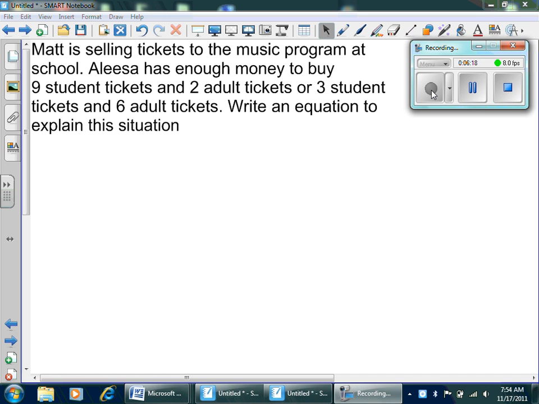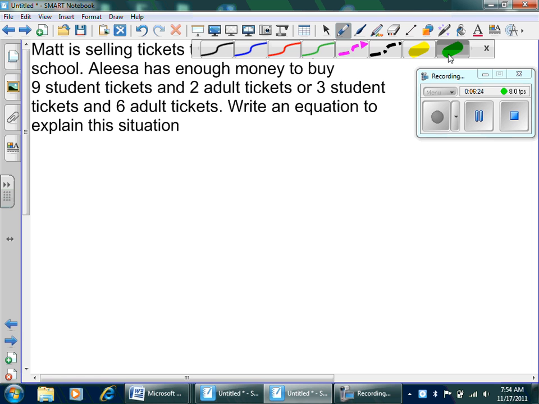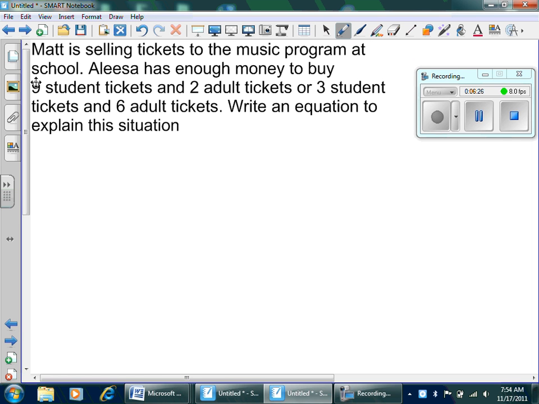See, the trick is you've got 9 students in this problem, and in this situation you've got 3 students. But over here you've got 2 adults and 6 adults.